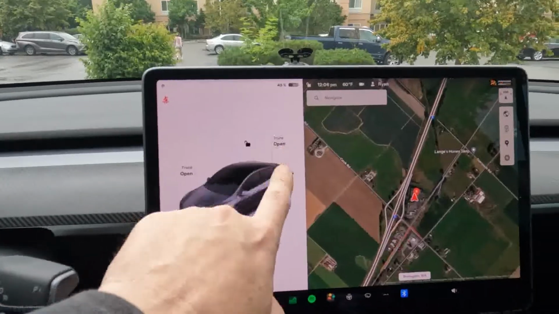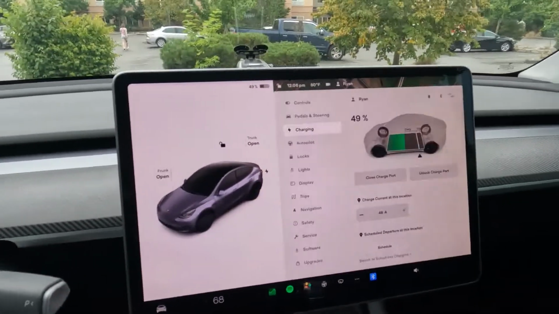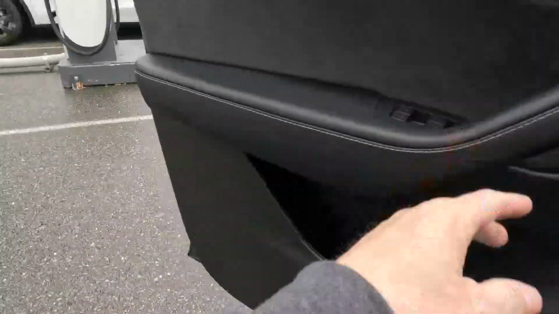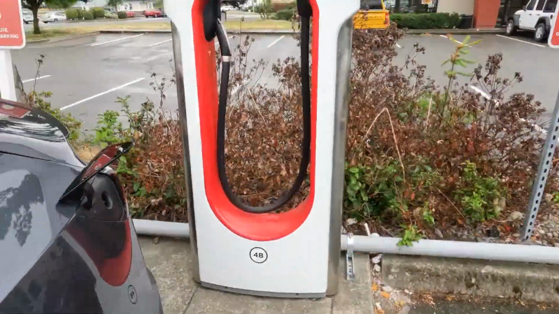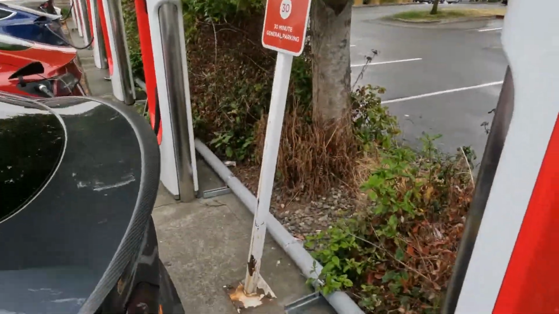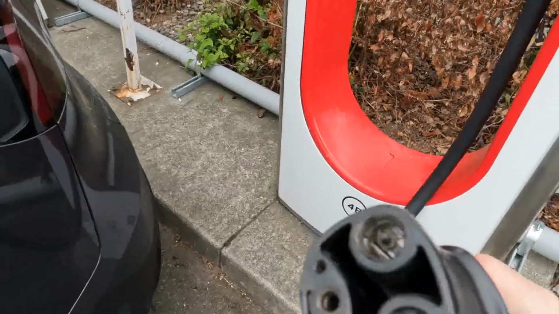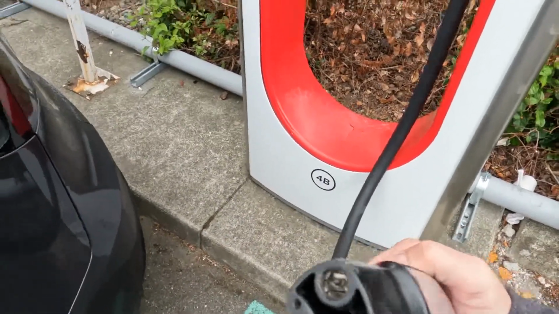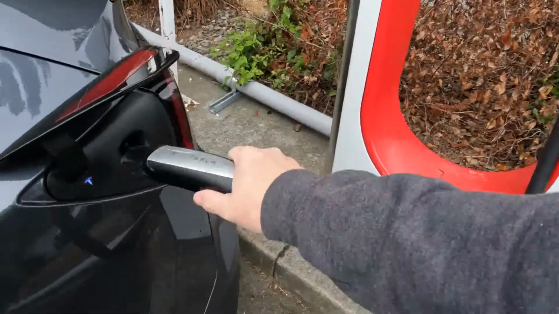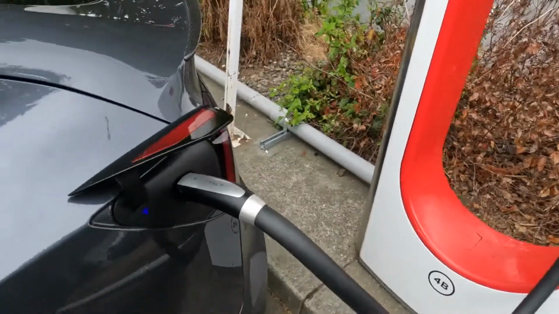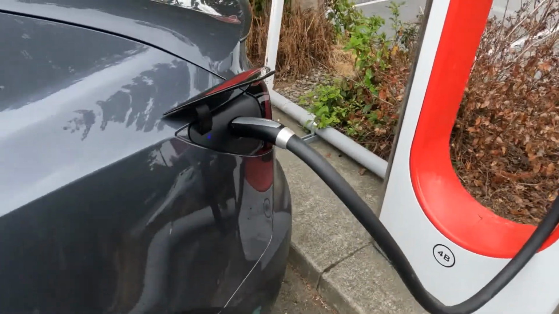So let's get started. What are we going to do? Well, it's easy enough. I've already backed into my spot. We just simply open our charging port. And we're going to hop out here and grab our Tesla charger. Now you'll notice the way this end looks. This is proprietary to Tesla, and it is the way all of their plugs will look.